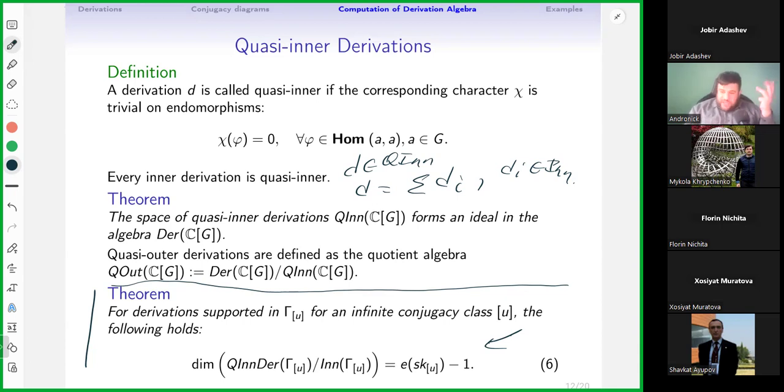That's the first idea. And what is a quasi-outer derivation? A quasi-outer derivation is such a derivation that it is not trivial on loops. So, of course, quasi-outer derivations cannot coincide with inner derivations. That's first of all. And secondly, they cannot be written in such a form. So, looking backward to our definitions, a central derivation can be presented by a character of the following view.